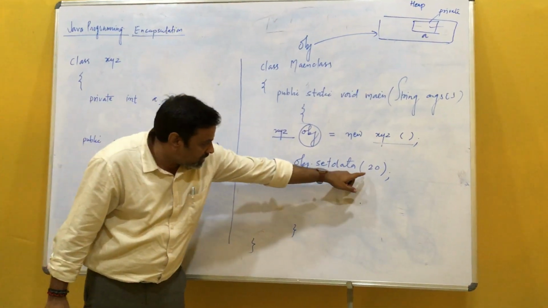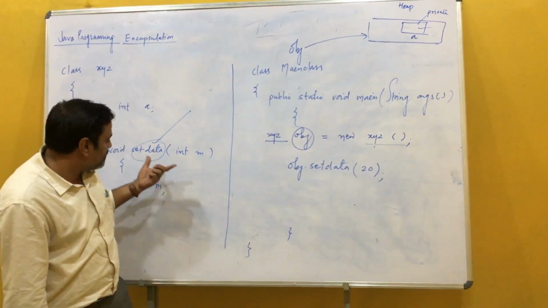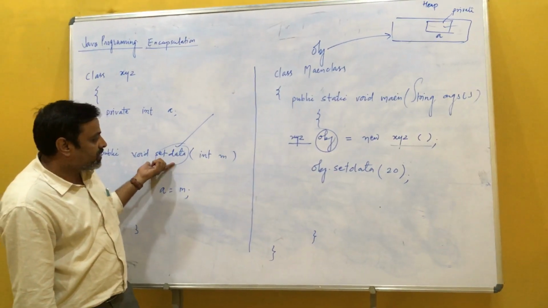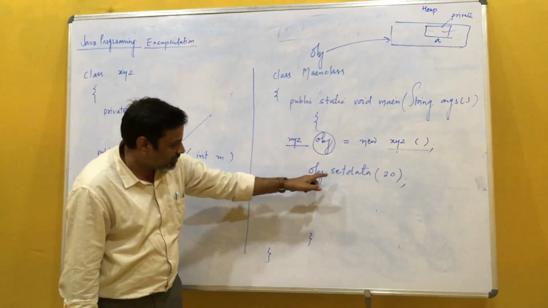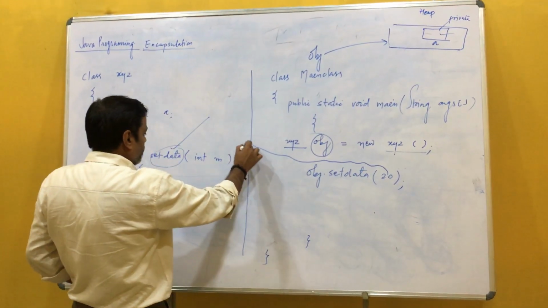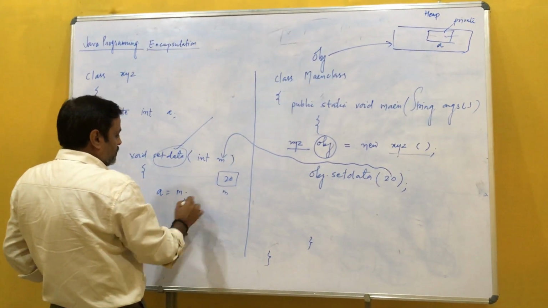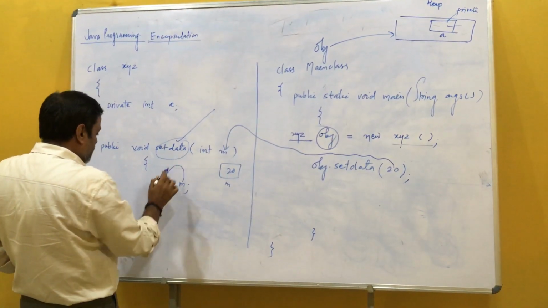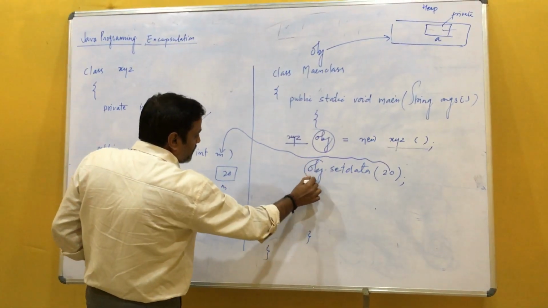Since setData is declared inside the public segment, I can access it from outside the class. Now the control will go in here. 20 will be stored in this local variable m. Now this 20 will be stored in this a. Which a? It is the a of the obj.